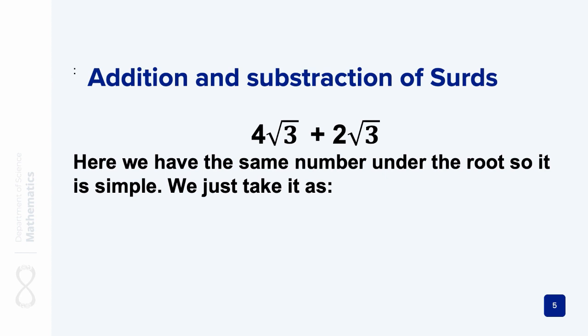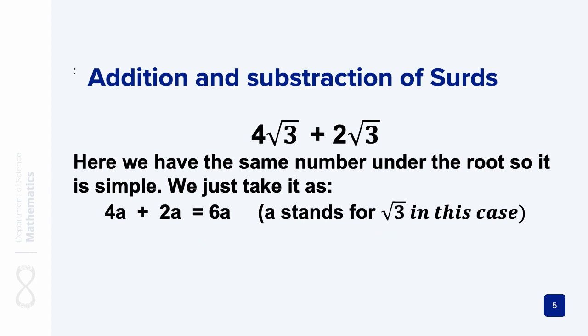So this is how we view this. We can simply represent, for example, root 3 and just give it maybe a letter like a, so that we understand it better. So in this case, it's almost as saying 4a plus 2a is equal to 6a, with a being the constant.